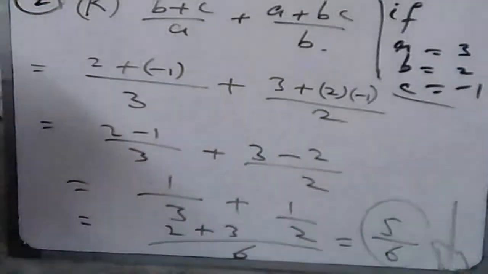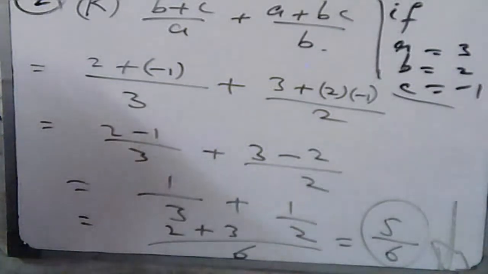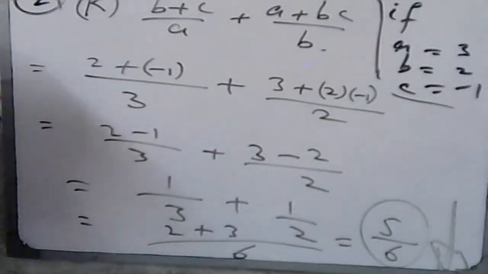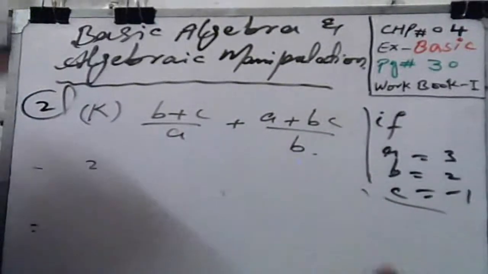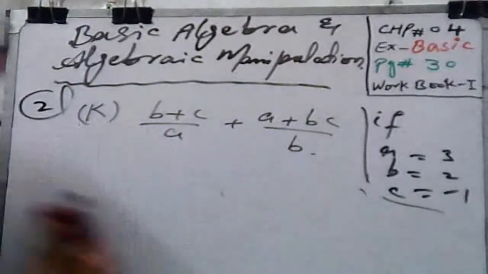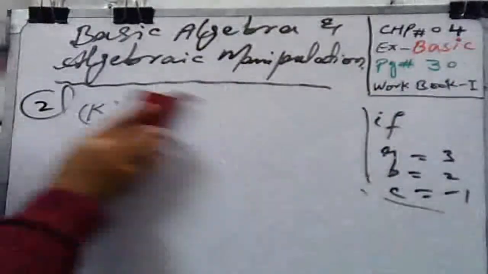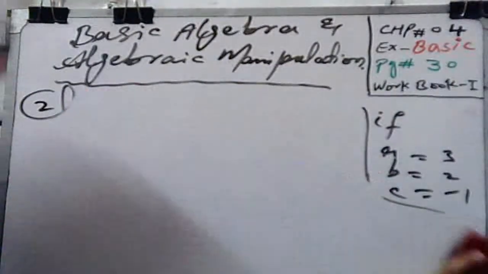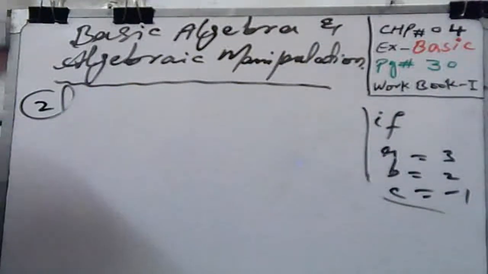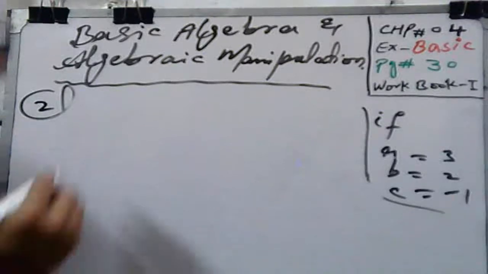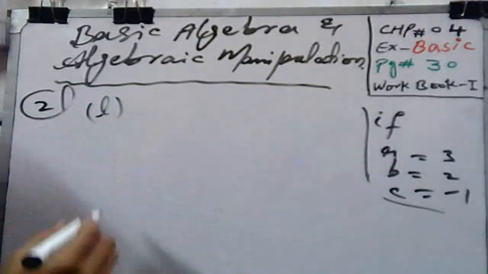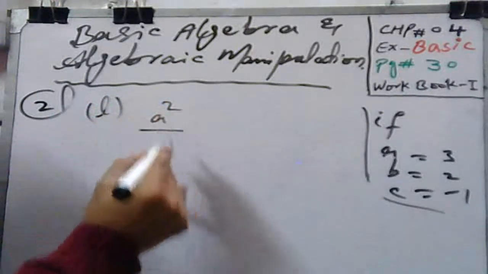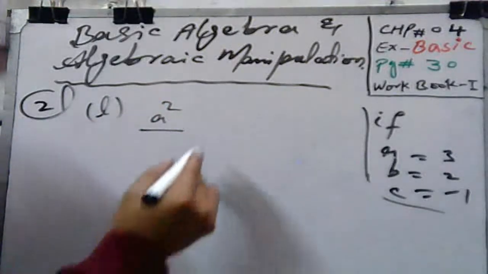Now coming to the L part, in L part, that is a square divided by a square minus b square divided by c square.